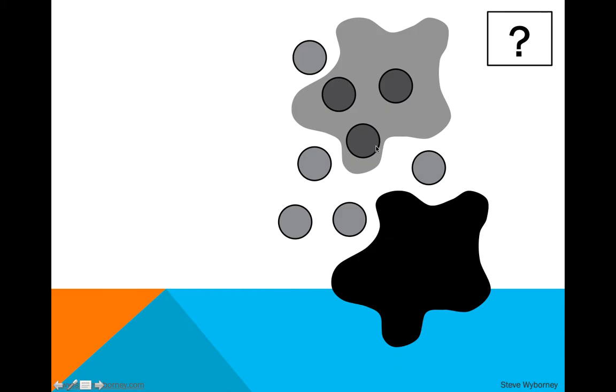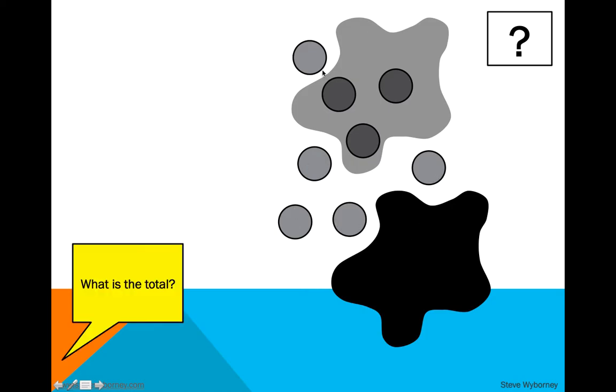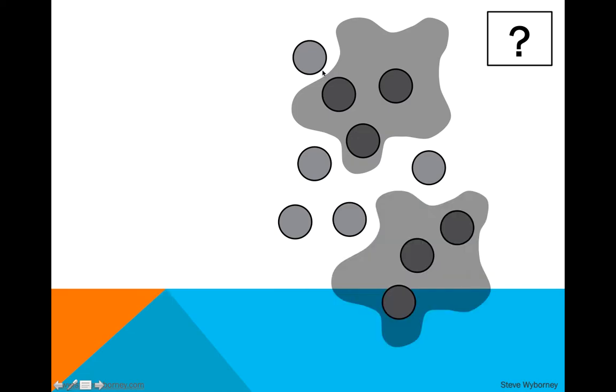Good. Now that you know how many are here, if there's 3 here, there's 3 here, and if you put that together, that should be 6, and add it to the 5 out here, we should have the total, right? 11. So 3, 6, 7, 8, 9, 10, 11.